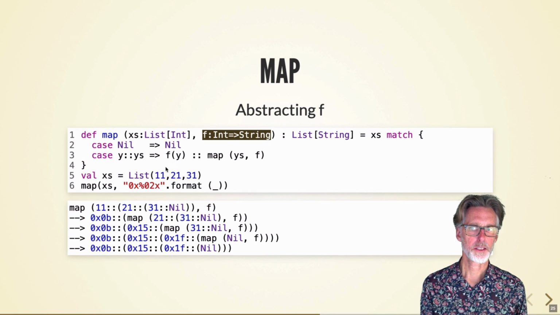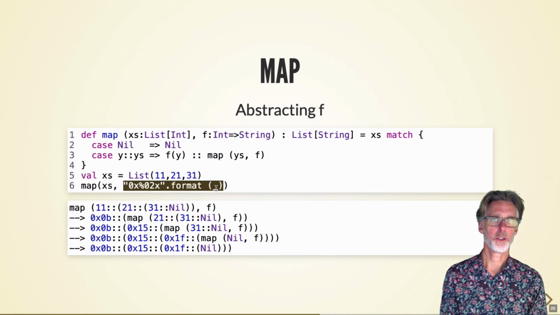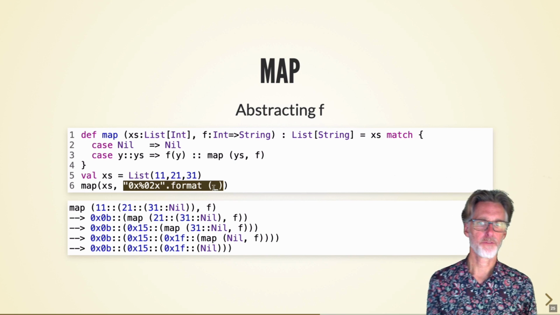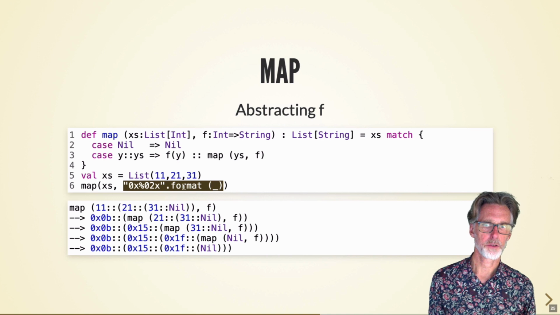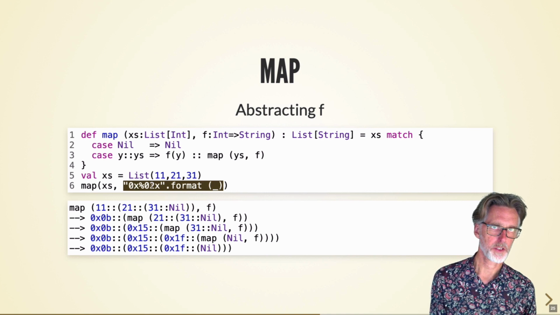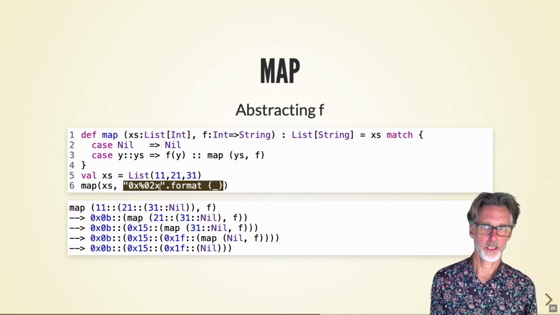So how do we do this? Well, when we want to invoke it, we are just going to pass a function, and here I'm using the underscore notation. So this is a function which takes one parameter and passes that to the format method of the string class, so formatting a number in hexadecimal.